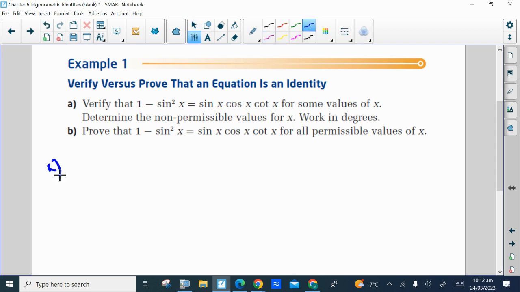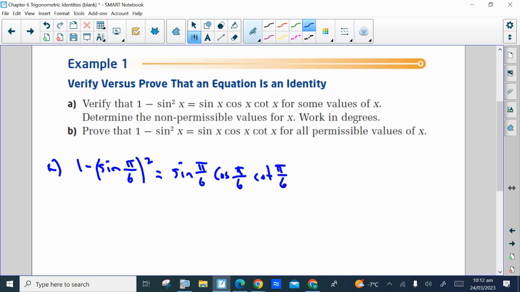So for part A, we want to show that 1 minus the sine of pi on 6, all squared, is equal to the sine of pi on 6 times the cosine of pi on 6 times the cotan of pi on 6.